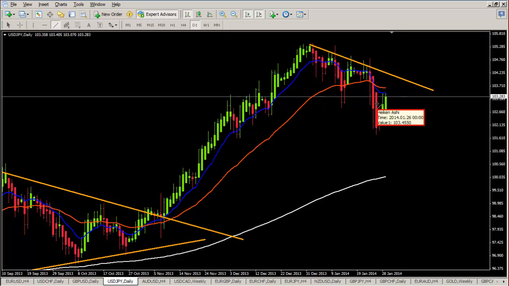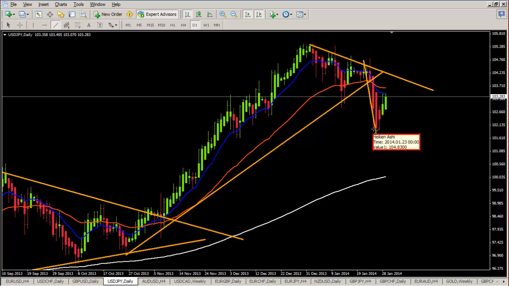Here's the yen. The thing here is we had already a trend line break, 3 touches, and we expected these retracements. So here is our 1, 2, 3 in making, what we discussed yesterday.